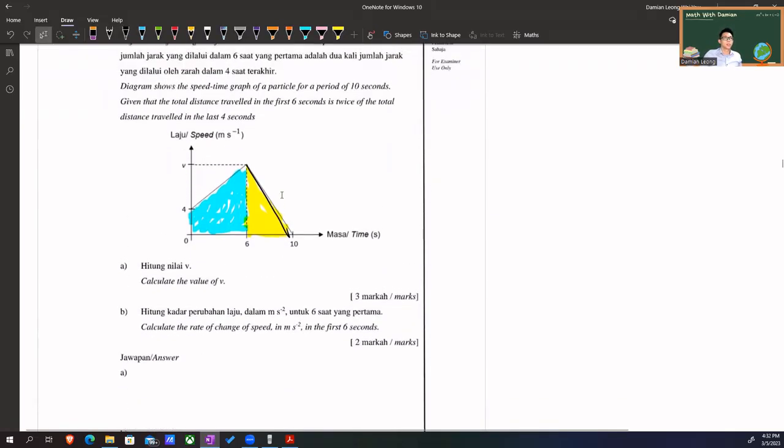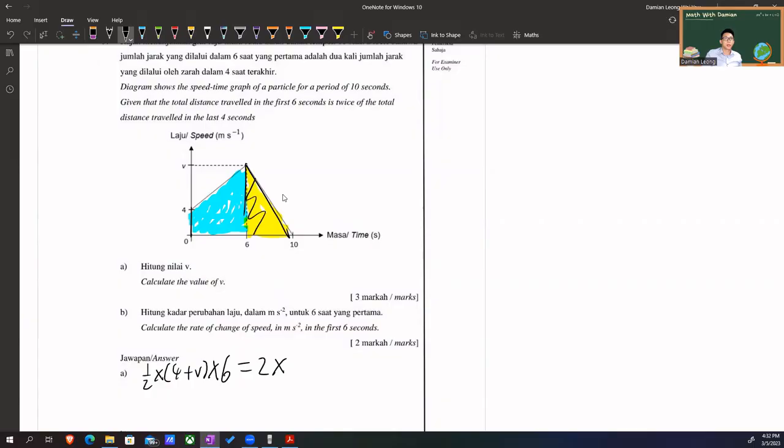So what I can do is, this area: half times the sum of parallel sides, 4 plus V, times height. Height is here to here, 6, equals 2 times the area of the triangle.